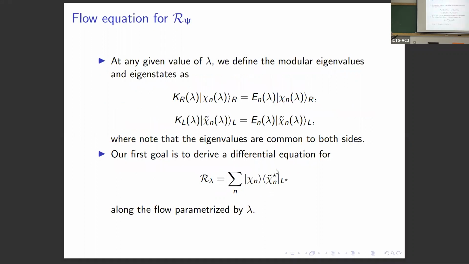Now at any given value of lambda, of course, we can talk about the eigenvalues and eigenstates of these modular Hamiltonians, these chi n and chi n tildes. I'm using the same notation. These are the Schmidt vectors that I was talking about before, and the reflection operator is given by this particular operator over here, and it's a function of lambda.